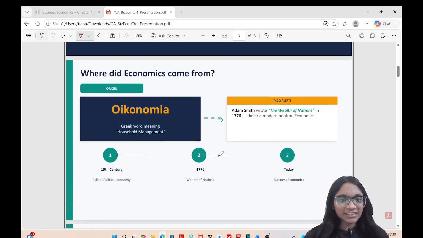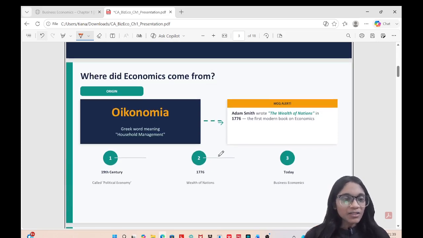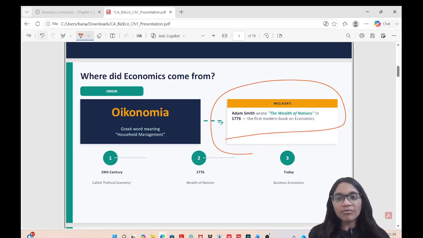Let's get started. So, the word economics came from the Greek word oikonomia. Anyone want to guess what oikonomia is? Oikonomia is nothing but household management. And Adam Smith wrote the book Wealth of Nations in 1776. This is the first modern book of economics. What happened prior to 1776?